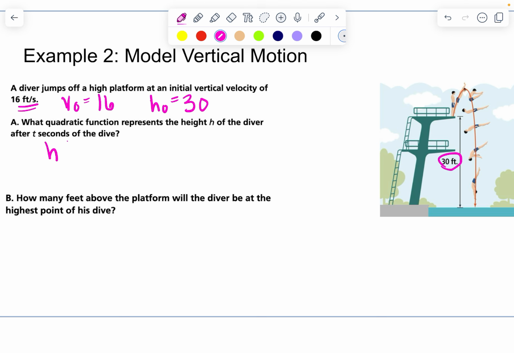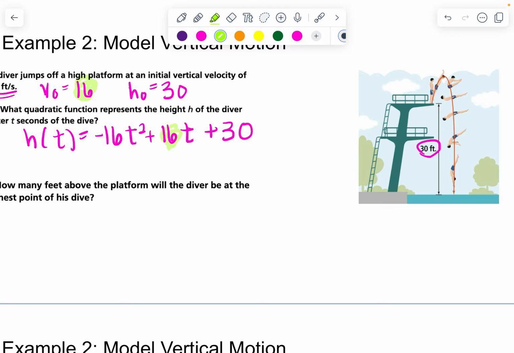Writing our equation, h of t equals negative 16t squared plus our initial velocity, which is 16 times t, plus our initial height, which is 30. So all I did was plug in 16 for my initial velocity and 30 for my initial height.